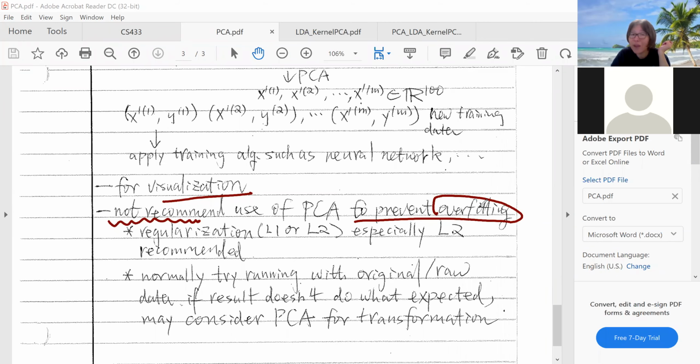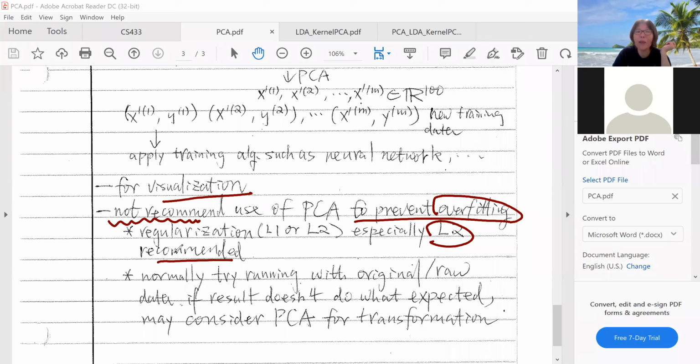But to be careful, okay, not recommended to prevent overfitting. To prevent overfitting, we recommend we use L2 regularization, which we previously discussed. But of course, sometimes if you have too many features, you can also use the feature importance to filter out.